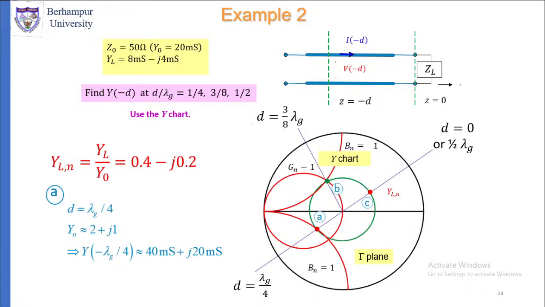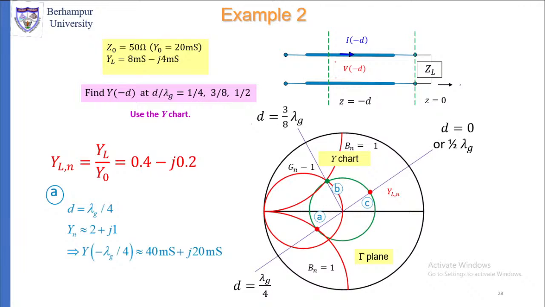Then draw a constant VSWR circle, which is the blue circle. Once you draw the circle, you have to move a distance of lambda g by 4. Lambda g by 4 means half a circle. So move half a circle from there, and you will reach the point A. Once you reach the point A, that is your answer.